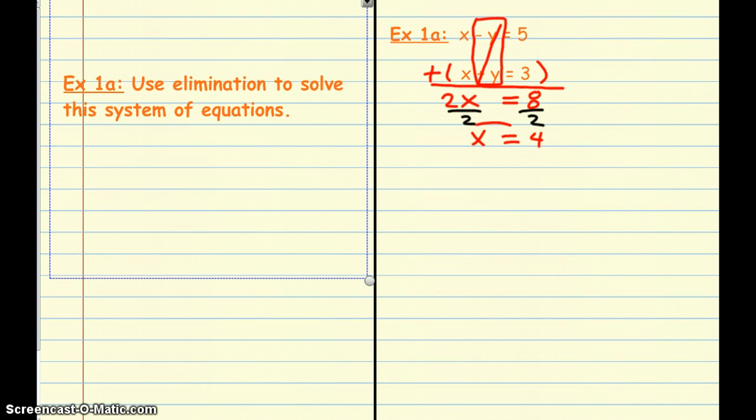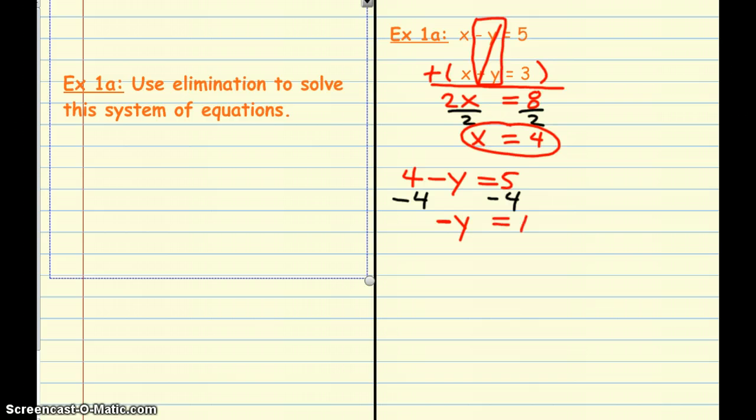And now that we have x equals 4, we're going to take that 4 and put it into one of our two equations. You could pick either. I'm going to pick the first one. So I'm going to take the x out and put 4 in its place. And we need to solve for y. The 4 is positive, so I'm going to subtract 4 from both sides. And I have negative y. This is one thing right here, bringing this negative sign down, that some of you are forgetting about.